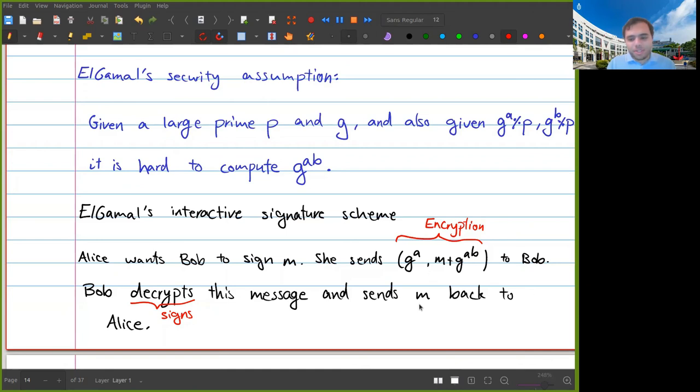And then Bob should send M back to Alice. And only if Bob sends M back, Alice would be convinced that Bob has signed it, right? So the verification is kind of like comparing the number that Bob sends back to you, if he sends anything, to M, right? So it's not exactly that the verification is being done before the signature. The verification now has two phases. One is this phase which is done before the signature, and one is the comparison that is done after the signature.